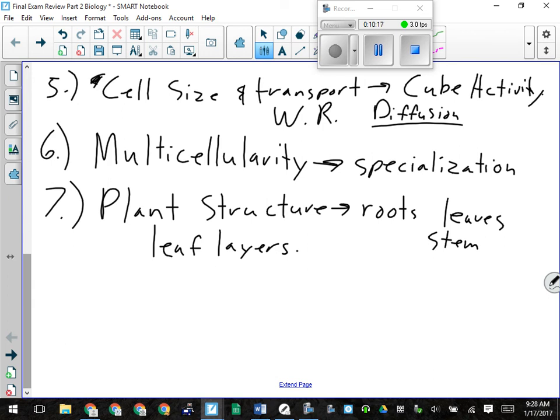The phloem and xylem and the stomates. Know what all those are and what they do, because there will definitely be a written response item that will ask you to incorporate the jobs of all of these structures into how a plant functions, because that was how we looked at specialization in a multicellular organism.